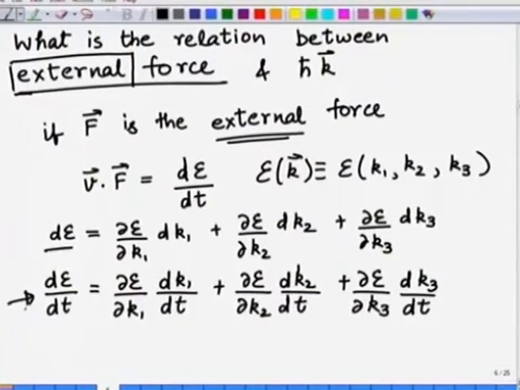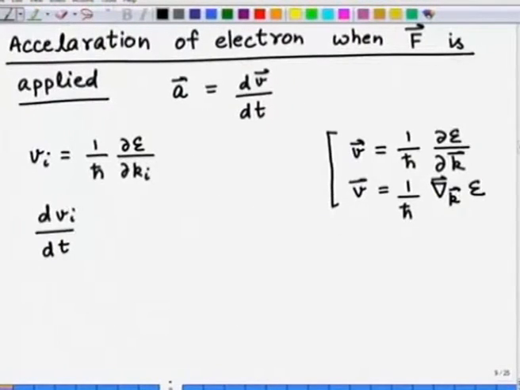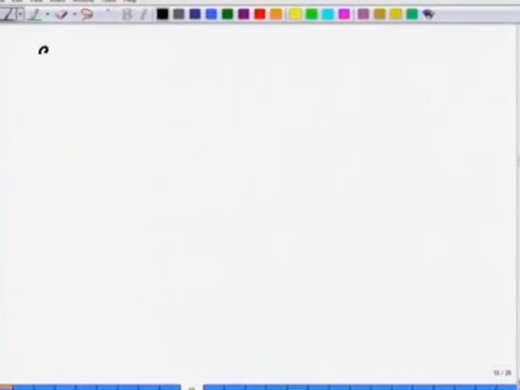Now instead of the total derivative of energy, we are going to take the total derivative of this whole quantity here, del E by del K_i, with respect to time, and will therefore replace energy by this whole quantity. So I will write dv_i dt as equal to 1 over h bar d dt of del E by del K_i.